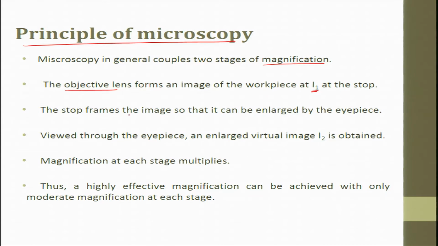The stop frames the image so that it can be enlarged by the eyepiece. View through the eyepiece and an enlarged virtual image I2 is obtained. So, magnifications at each stage multiply, thus highly effective magnification can be achieved with only moderate magnification at each stage. So, the most important thing is magnification at each stage gets multiplied.